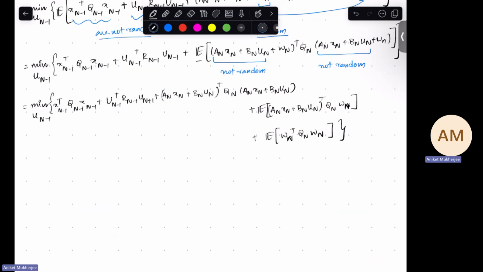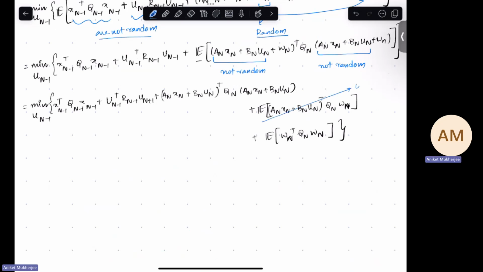So from the assumption that the mean of wn is 0, this is 0, right? And this is just a variance term of the noise, but then this does not depend on un minus 1.